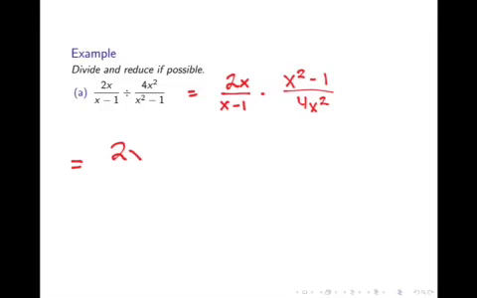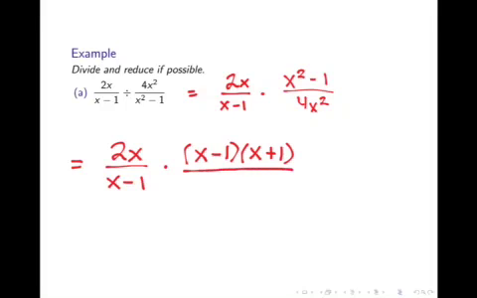So now we have 2x over x minus 1. I'll factor my second rational expression, and I get x minus 1 times x plus 1 in the top, over 4x squared in the bottom, and now I'm ready to look for things that cancel. So I have an x minus 1 in the first fraction and an x minus 1 in the second fraction.